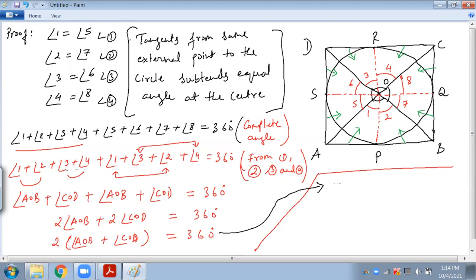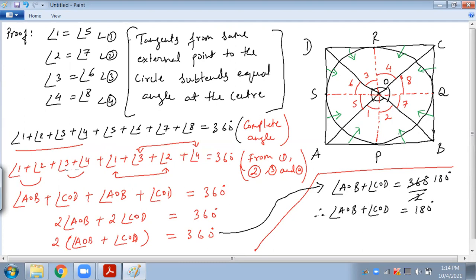Now we're going to find AOB plus COD, so leave AOB plus angle COD and take this 2 to the other side. Where did it go? It will go down. Got it? It is 180. So what are you getting? Angle AOB plus angle COD is equal to 180.